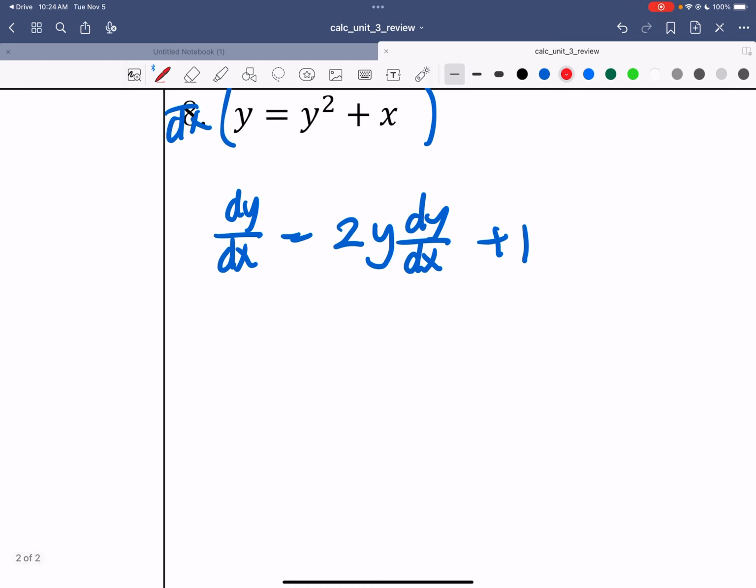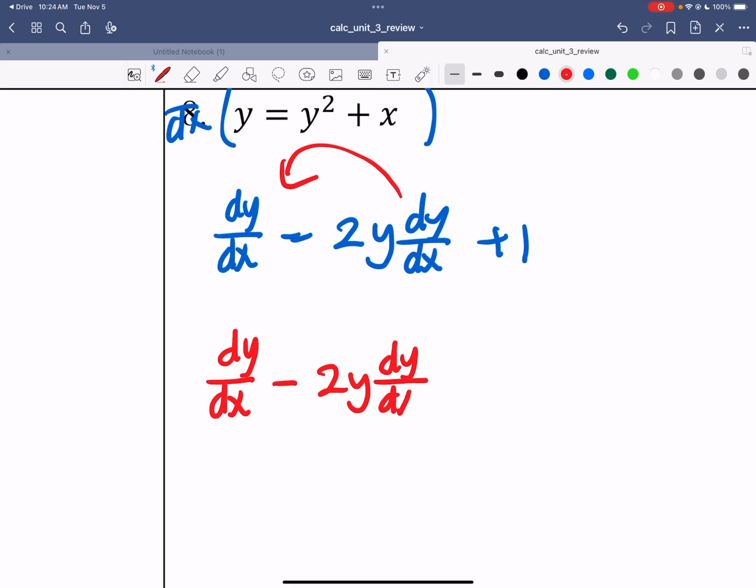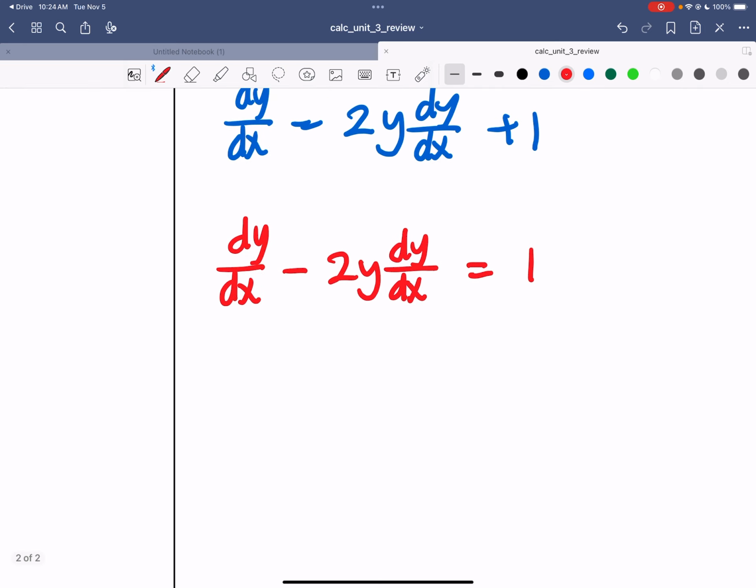So it's going to be dy/dx equals, let me move it to the other side by subtracting it. That equals minus 2y dy/dx equals 1. Let me take it out.